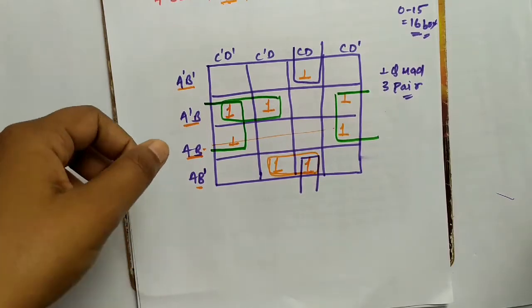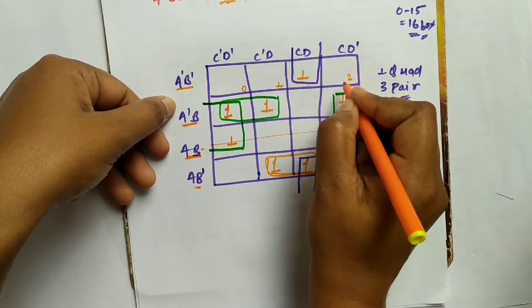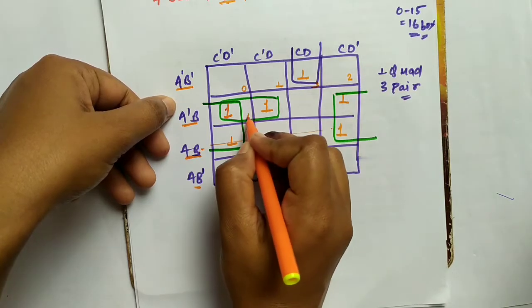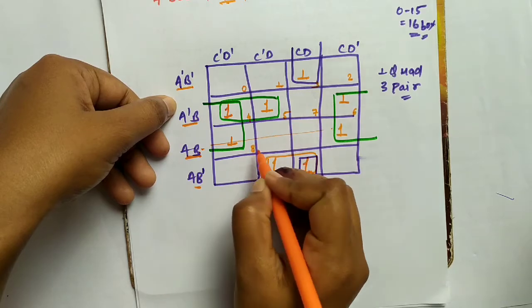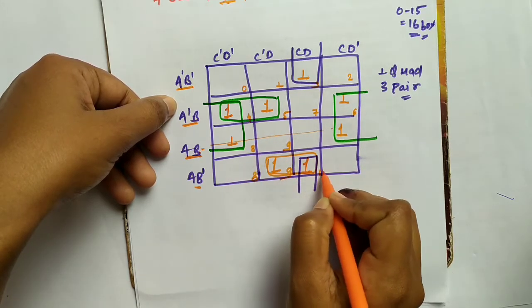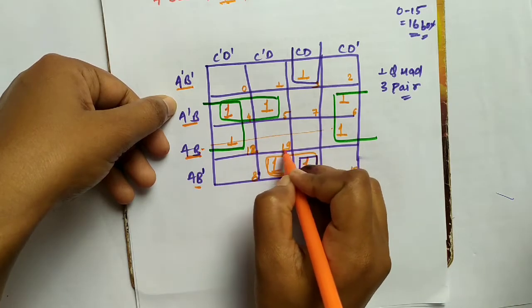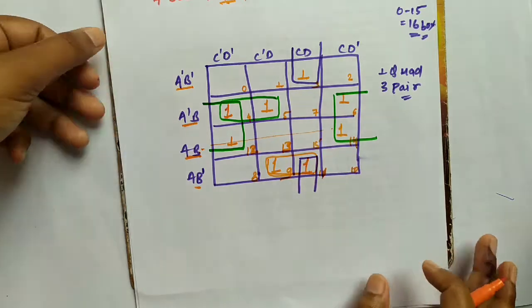So firstly write the numbers: 0 1 2 and 3, 4 5 6 and 7, 8 9, sorry, this is 8 9 10 11 12 13 14 and 15.